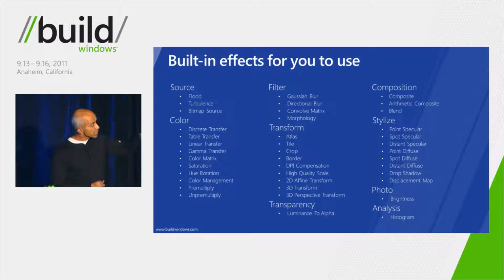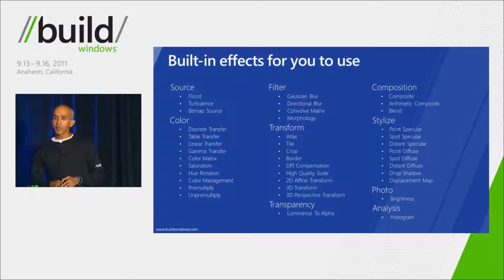We have the standard 2D affine transforms, but in addition to that, we also include a high-quality scale, which someone in the audience also asked me about just before the talk started. So I'm happy to say we have high-quality effects in addition to bilinear and the other ones.